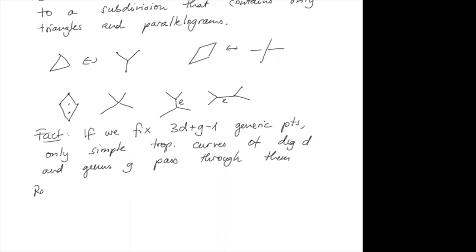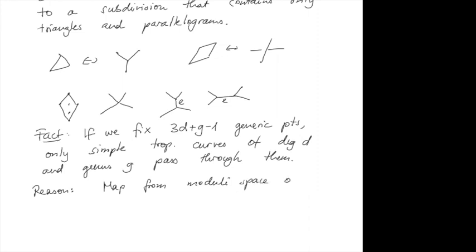And let me repeat the reason for why this is true. The reason is that we have a map from the moduli space of tropical curves, which evaluates the points, so to say, which checks which points you pass through.